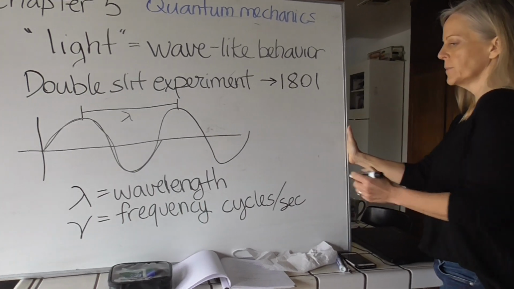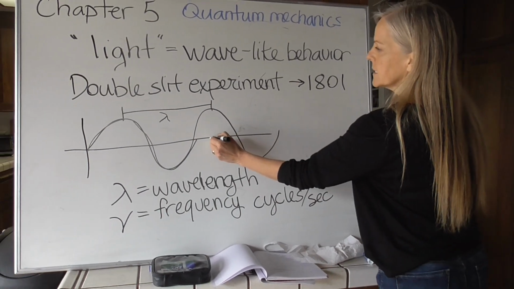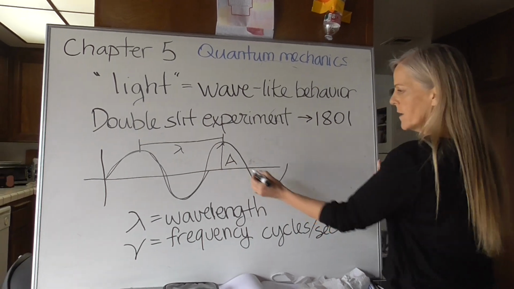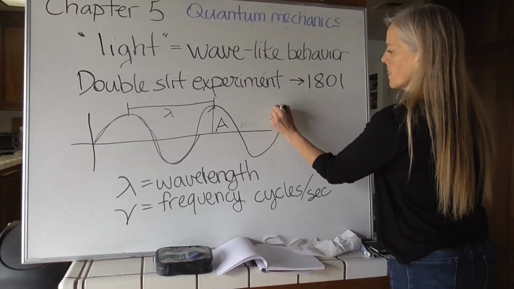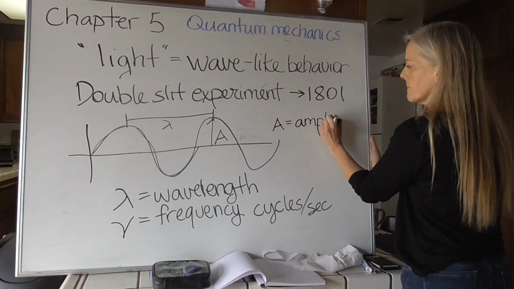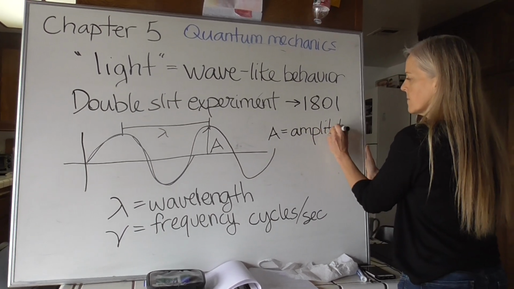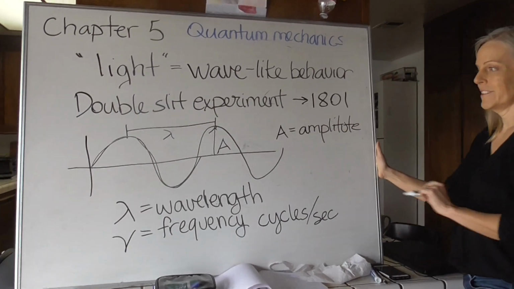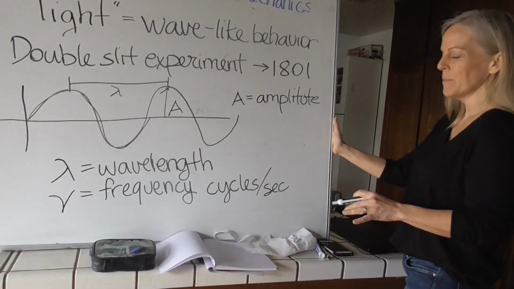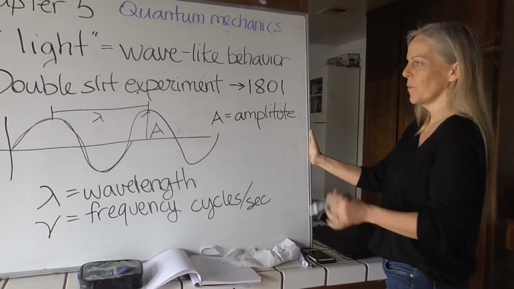And then the last one is the amplitude of the wave. So this is actually a question on the quiz. These are the 3 terms, or variables, that we have to describe a wave.